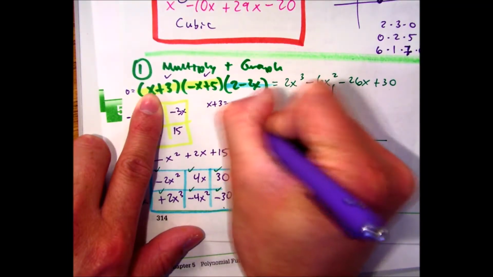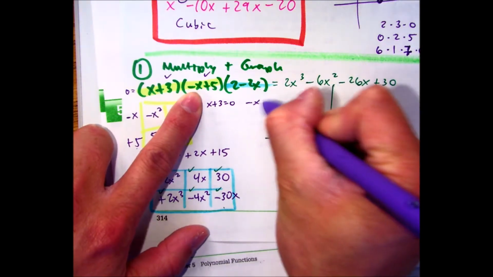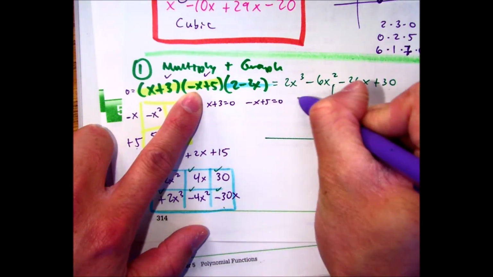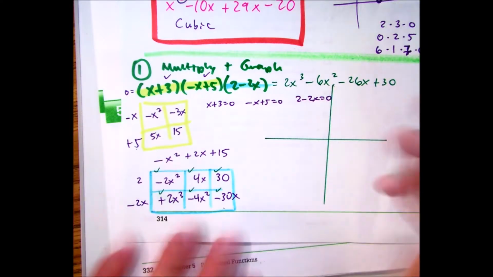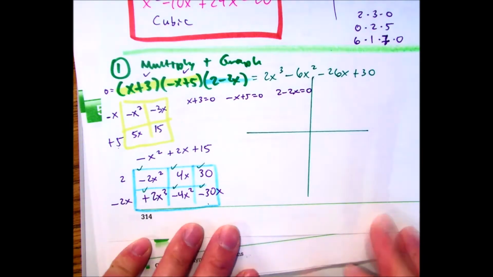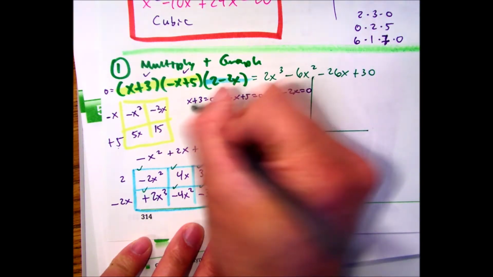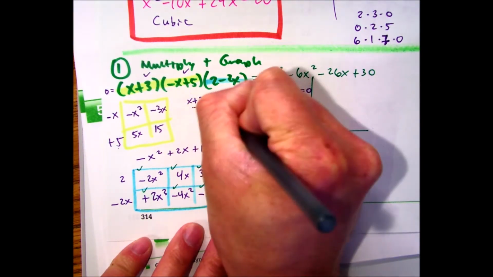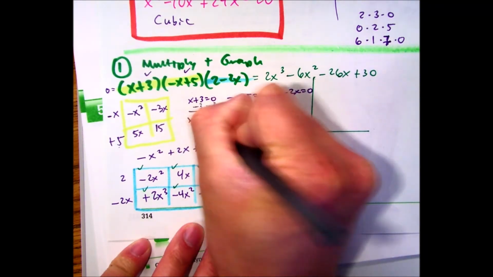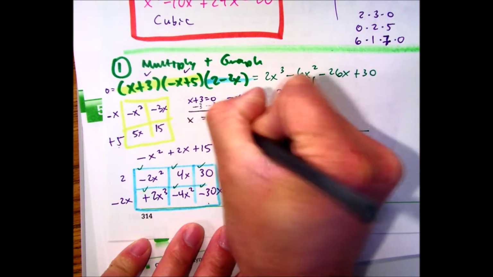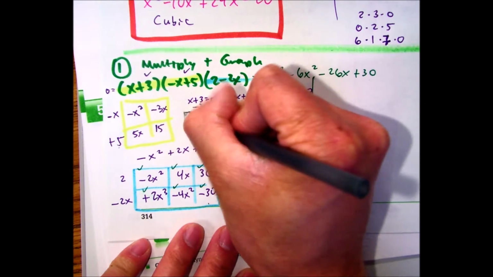x plus 3 equals 0. Negative x plus 5 equals 0. 2 minus 2x equals 0. And all we do from there is just solve. So subtract 3. x is equal to -3.